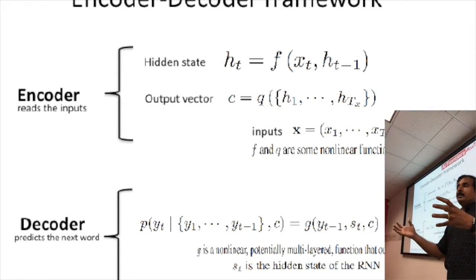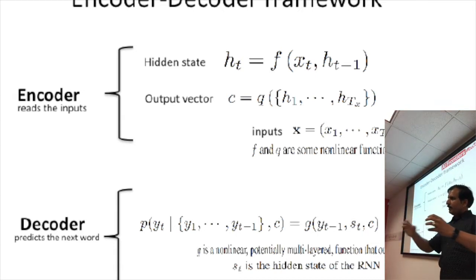For example, one research paper says that when you feed a sentence or a paragraph word by word in the same sequence, by the time you reach, let's say, the 50th token or the 100th word, the information about the first word or the second word or the third word is captured less and less.